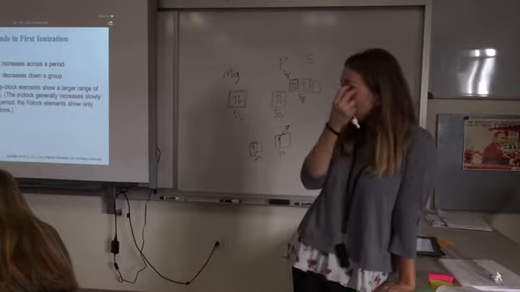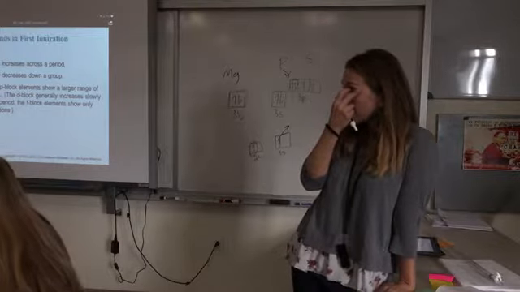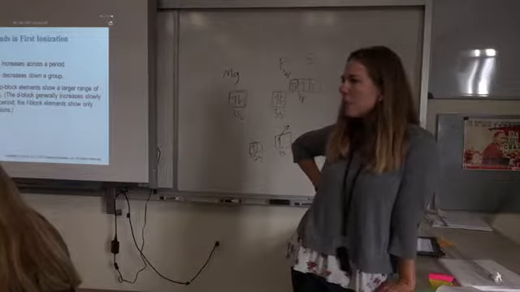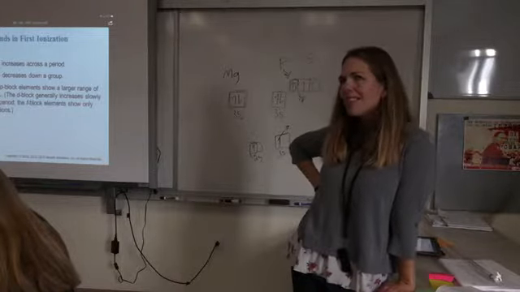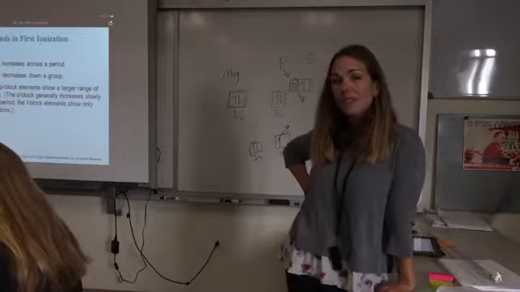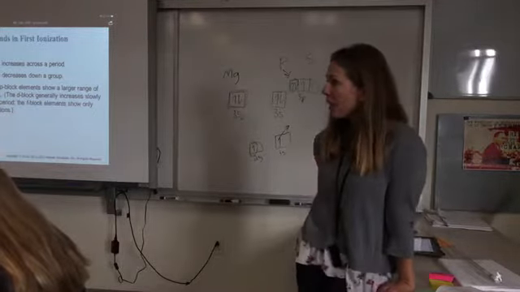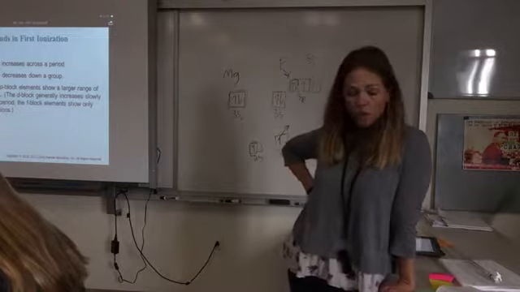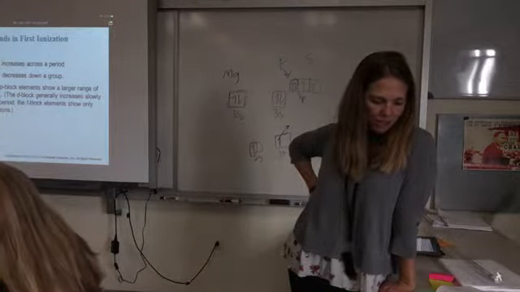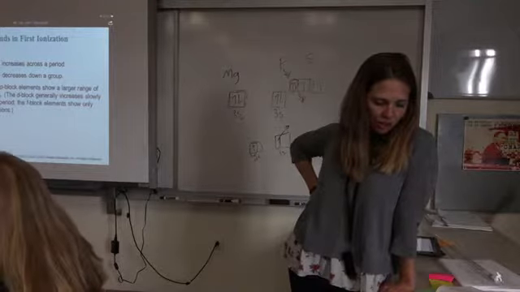So you're looking at those colored blocks. There's the red one, the blue one, and the green one. They're asking which one's going to have the largest second ionization energy. Which means what? Does it want to give up a second electron or no? No. So which one of those would have the largest second ionization energy?